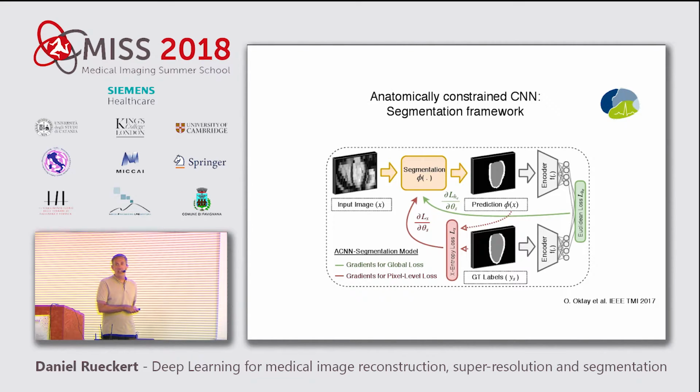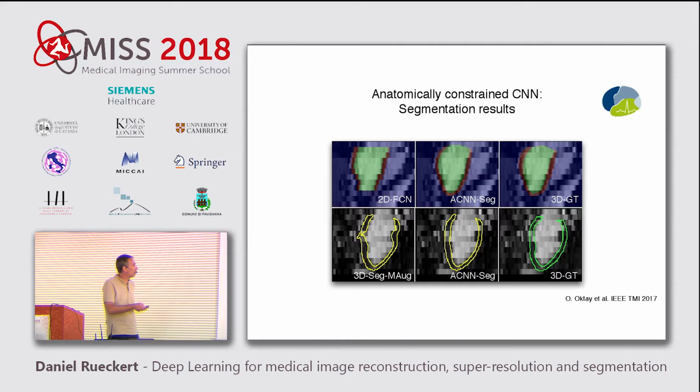So if you assume this is just converting the image into PCA representations, you're basically saying, I would like this image to have the same representation in PCA space or some other latent space as a ground truth segmentation. And that's more difficult if you have inconsistent segmentation. So this is the segmentation part. And it turns out it works really well. I'll show you some more examples in a moment.